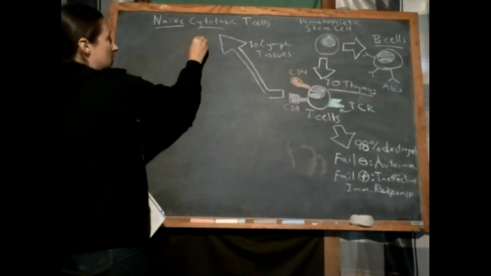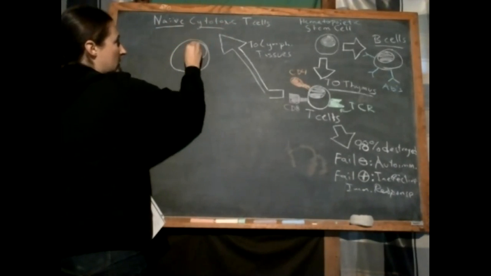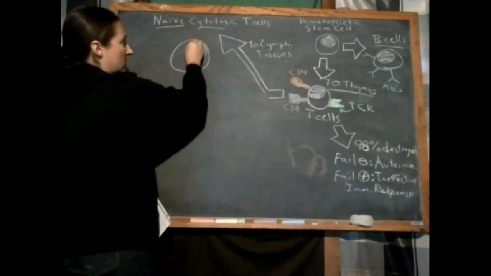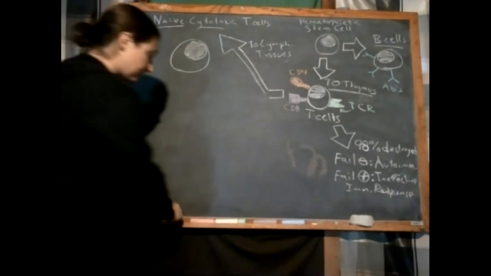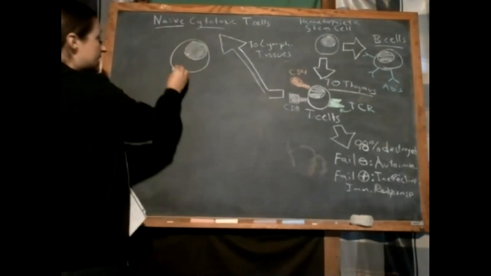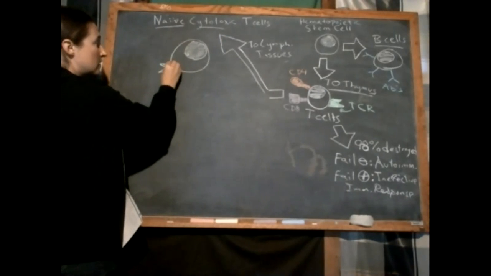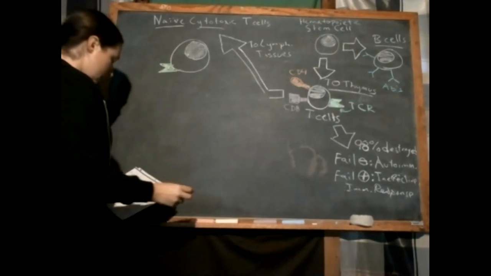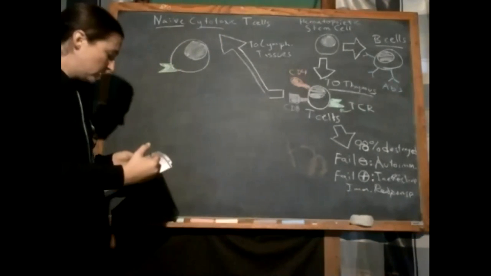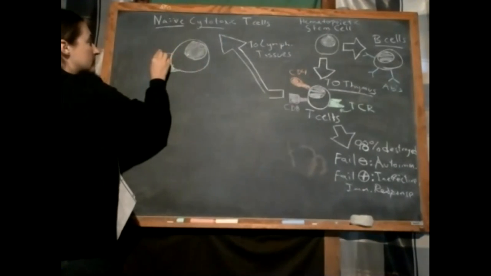Cytotoxic, why would these be cytotoxic? Well, they are lymphocytes. They are T cells, so they have these T cell receptors right here in green. And they only have the CD8 co-receptors.